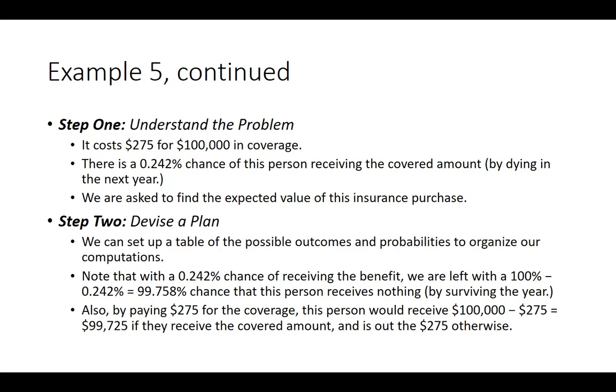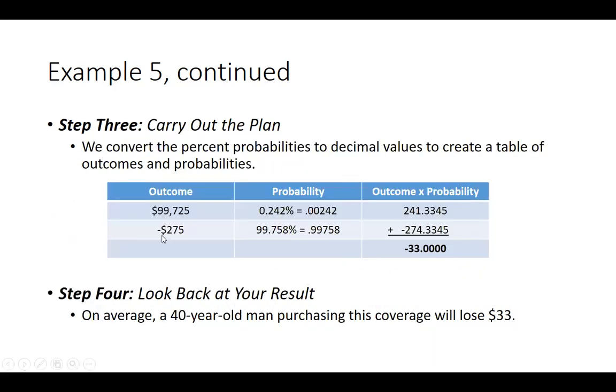Also, by paying $275 for the coverage, this person would receive $100,000 minus $275 or $99,725 if they receive the covered amount, and is out the $275 otherwise. So when we build our table, the two outcomes are $99,725 or a loss, negative $275.